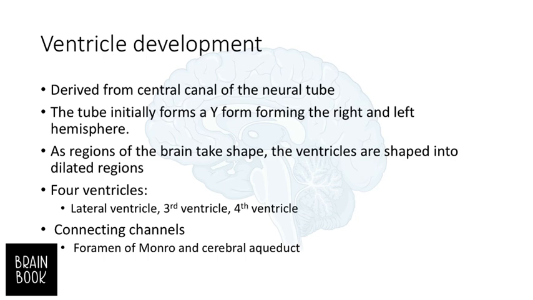And as the region of the brain takes shape, the ventricles are shaped into the different regions. We have four ventricles, including lateral ventricles, third ventricle, and the fourth ventricle. And we have some connecting channels between these ventricles that are named foramen of Monro and cerebral aqueduct.